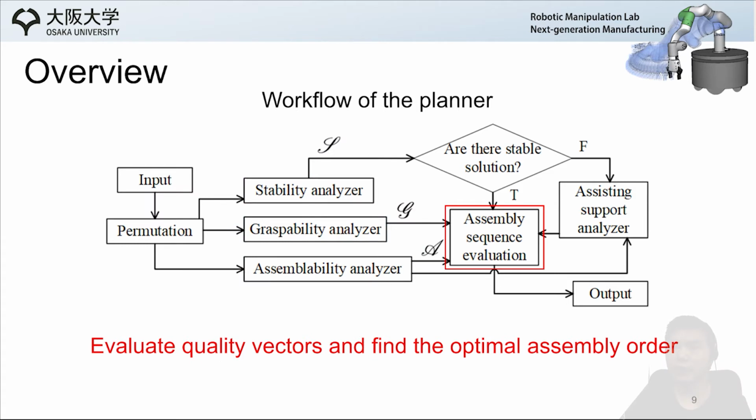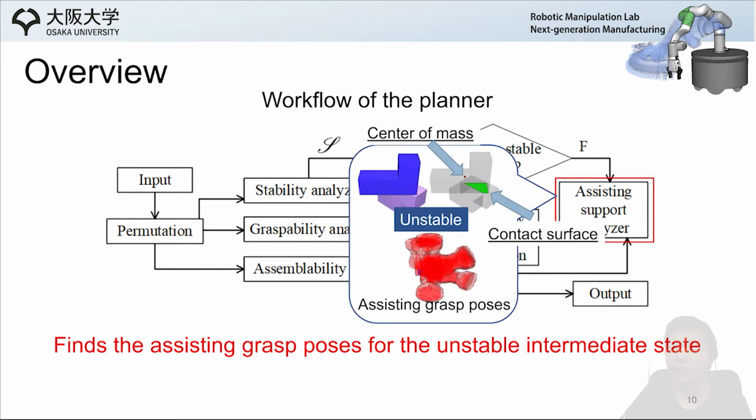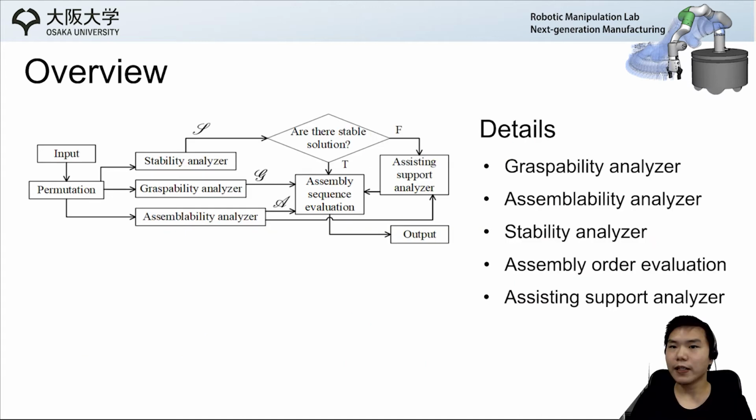The assembly sequence evaluation block will use these quality vectors to find out the optimal assembly order. In addition, a system support analyzer will find out the grasp poses for the unstable intermediate state. In the following, I will introduce the details for each block.